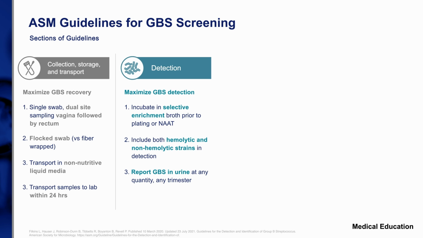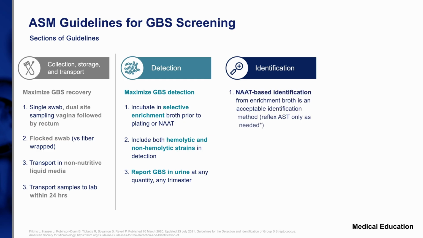And so in order to identify group B strep, there are molecular-based or NAAT-based identification methods directly from enrichment broth, and that's an acceptable identification method with reflex to antibiotic susceptibility testing if needed.